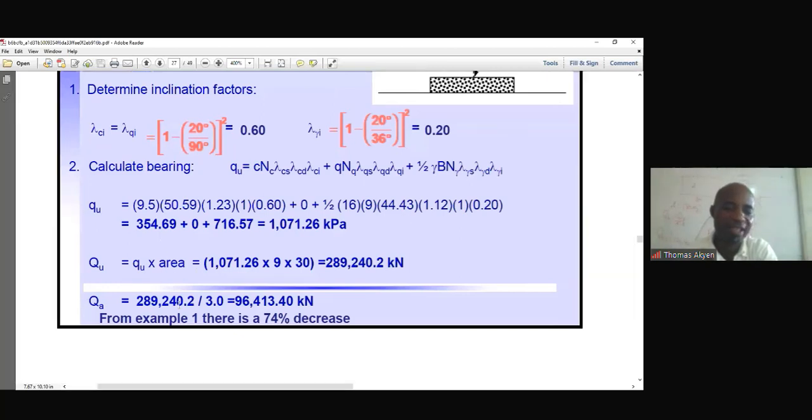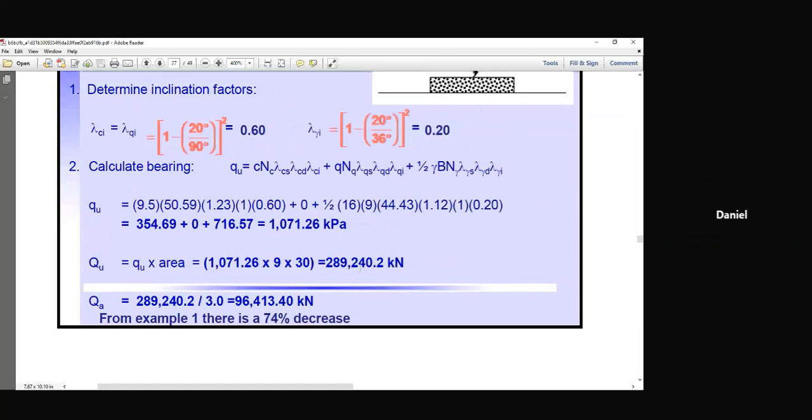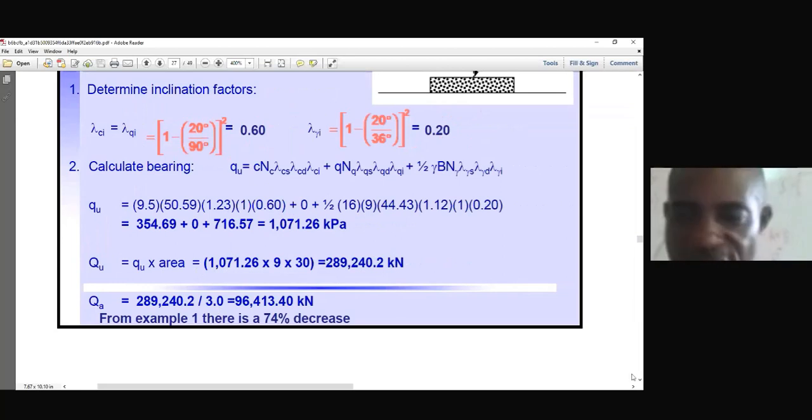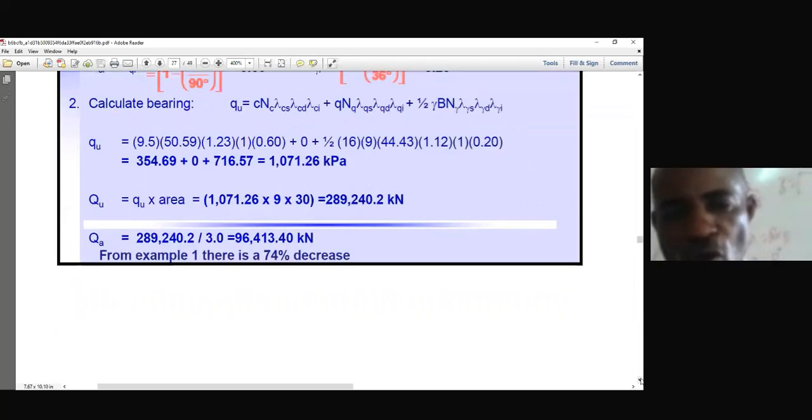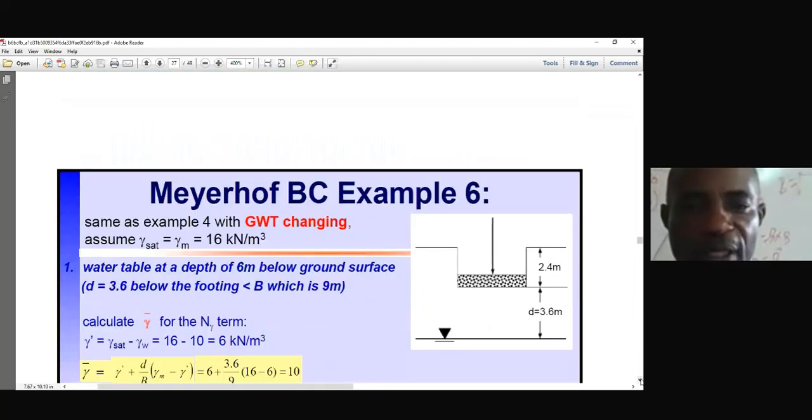Then we find the allowable bearing capacity, which is just the ultimate bearing capacity divided by the factor of safety, and it gives us this. So we'll go on.